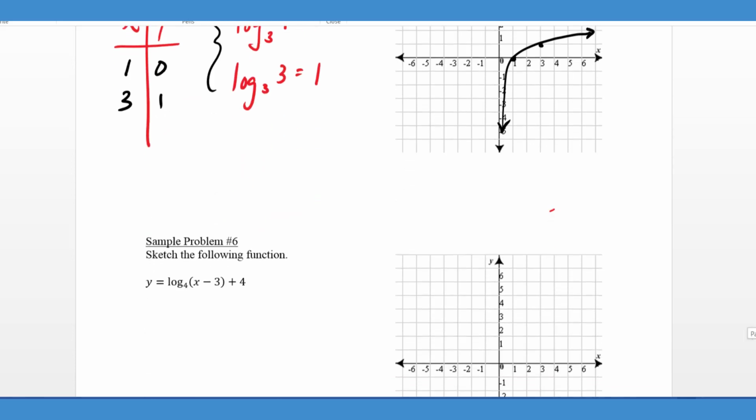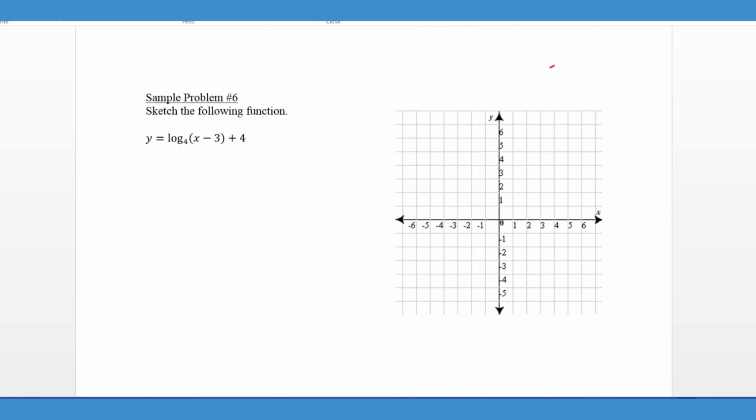Now, in the one down below, we have some transformations going on, so the simplest thing to do may be to graph log base 4 of x before you even get started. If you did that, a simple t-chart again gives us (1, 0) and (4, 1).